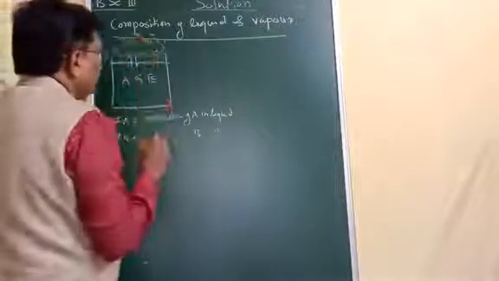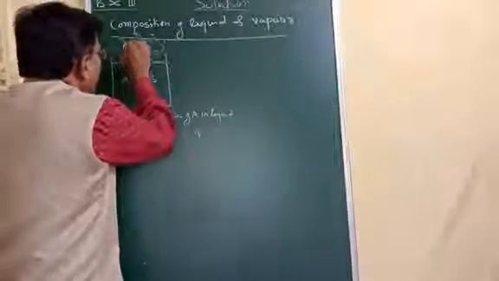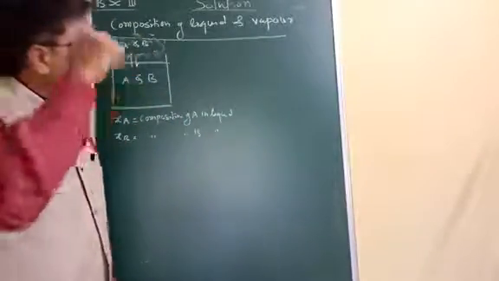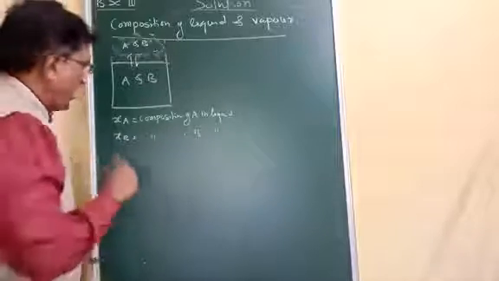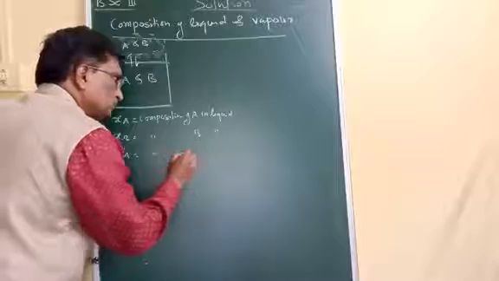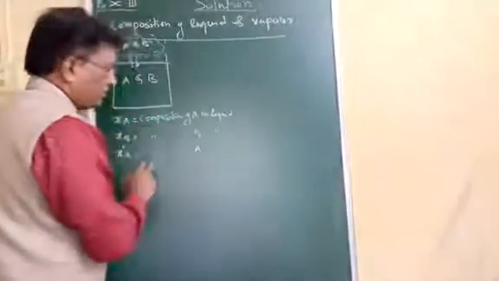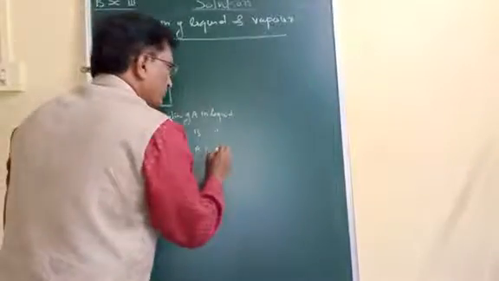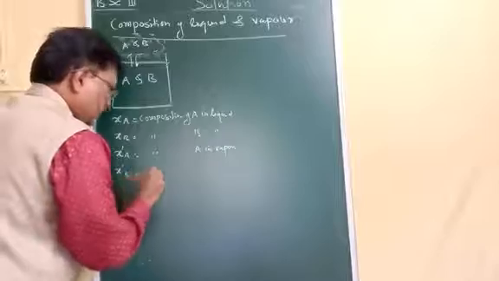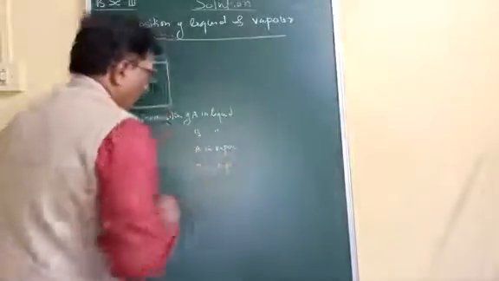Now in vapor, both A and B are present. In the vapor phase, both A and B are present, and thus X dash A is the composition of A in vapor, and X dash B is the composition of B in vapor.